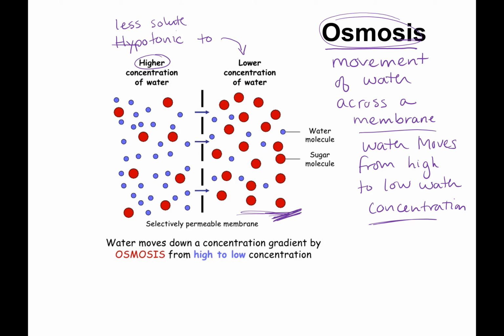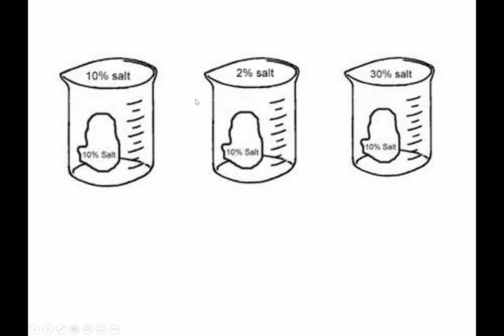If you have lots of solute, you only have a little bit of room for water. Okay? Water is always going to move from high water concentration to low water concentration. So let's take a look at our examples again.